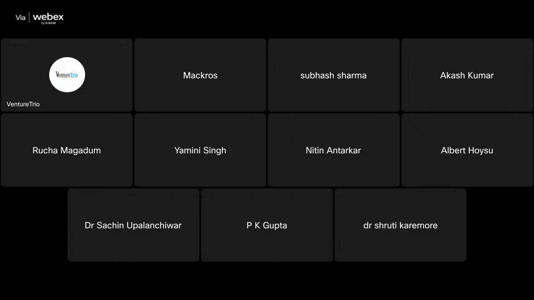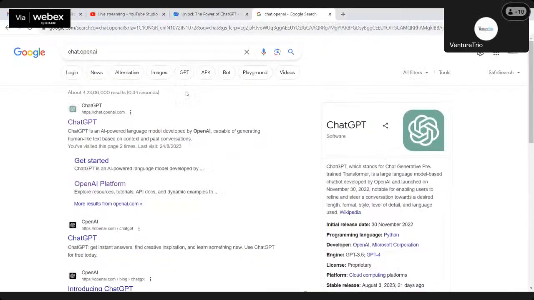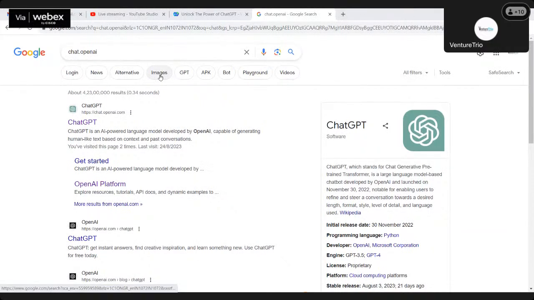If you are using your system, then you can work alongside. Is my screen visible to everyone? It's a browser screen.